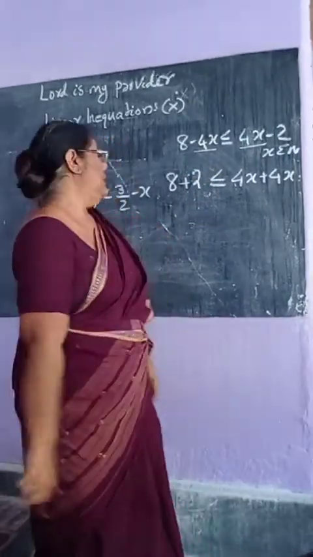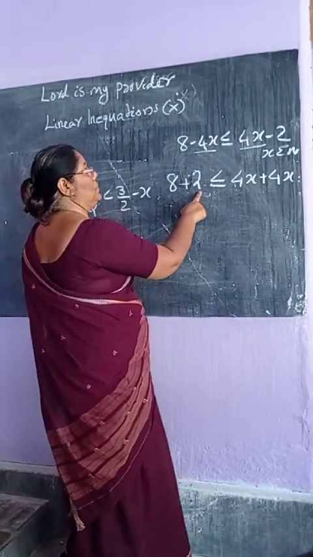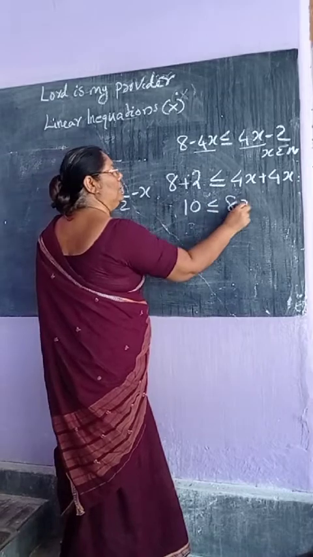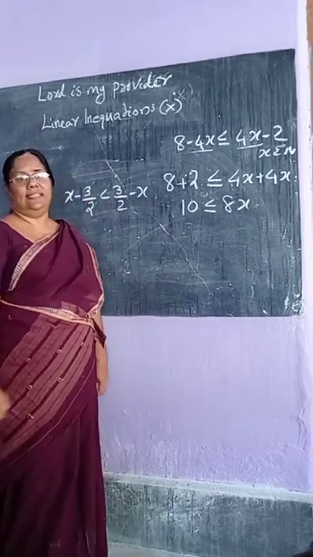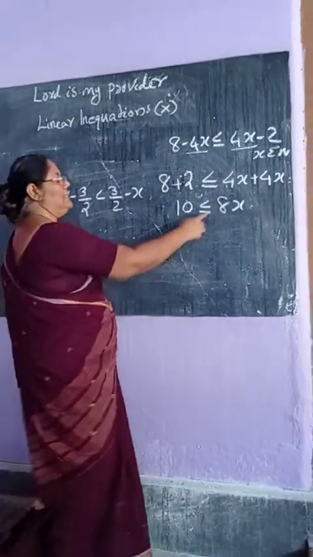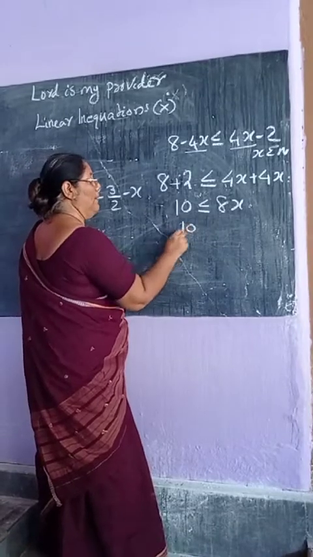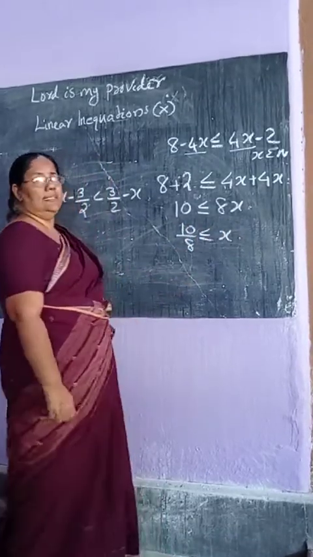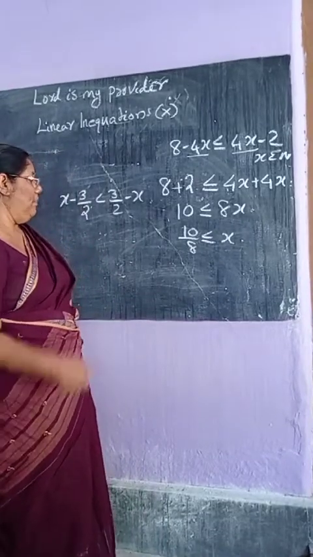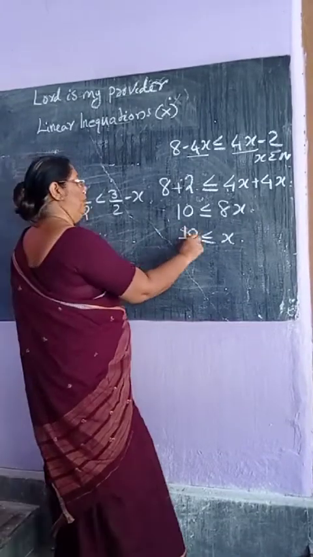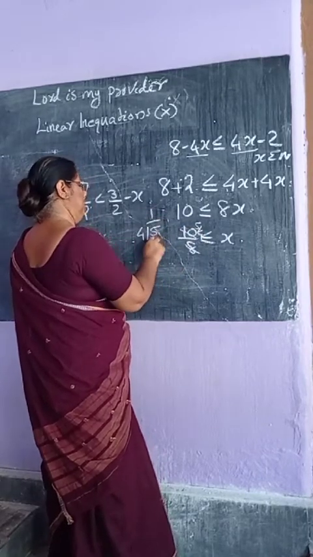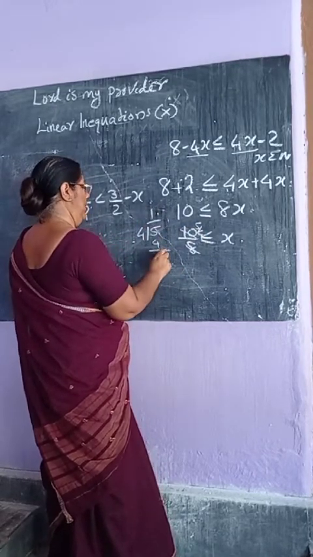Then what is 8 plus 2? 10 less than or equal to 8x. That means 10 by 8 less than or equal to x. Can you say what is 10 by 8? 5 by 4. 5 by 4 is 1.25.